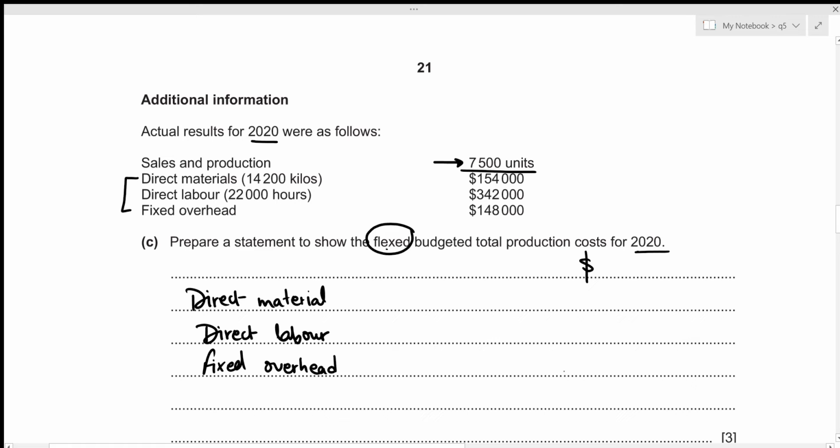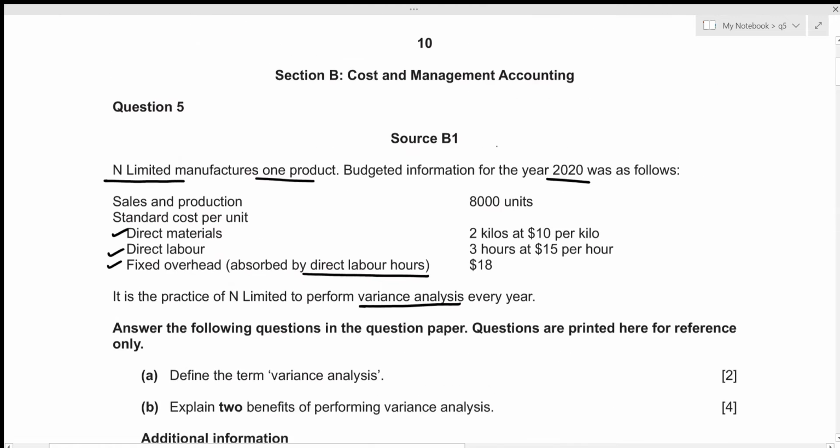Okay, and then this will give our total production cost. Now we were given the per unit cost for direct material and direct labor above, so we just need to multiply that per unit cost with our number of units, which is 7,500. Let's have a look above.